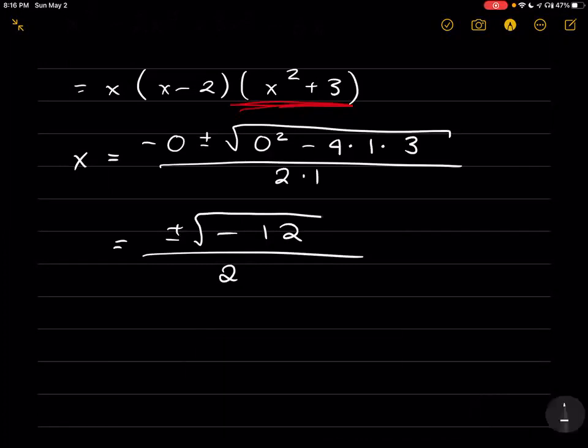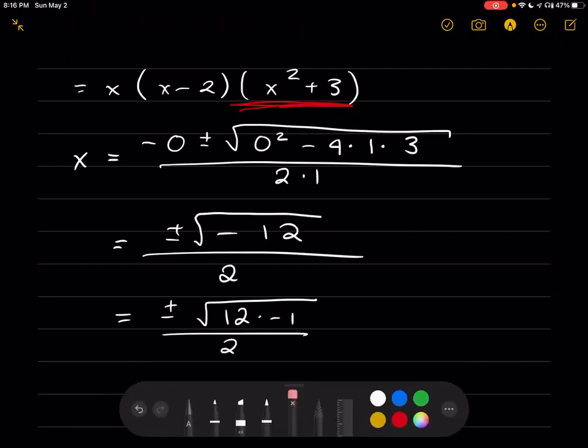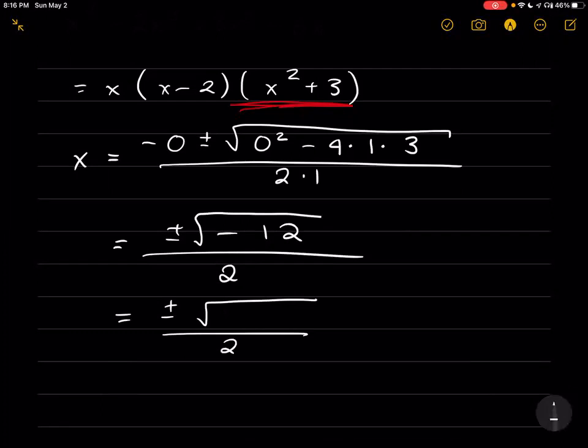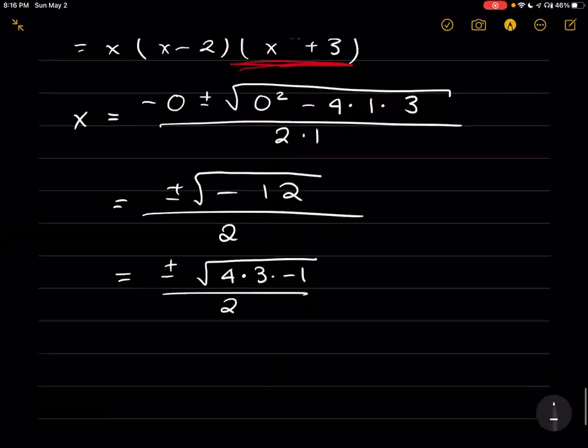I'm going to break up that negative 12. Actually, sorry, I changed my mind. I'm going to break it up slightly differently. I'm going to write it as 4 times 3 times negative 1, just to make it clear what I'm doing here.